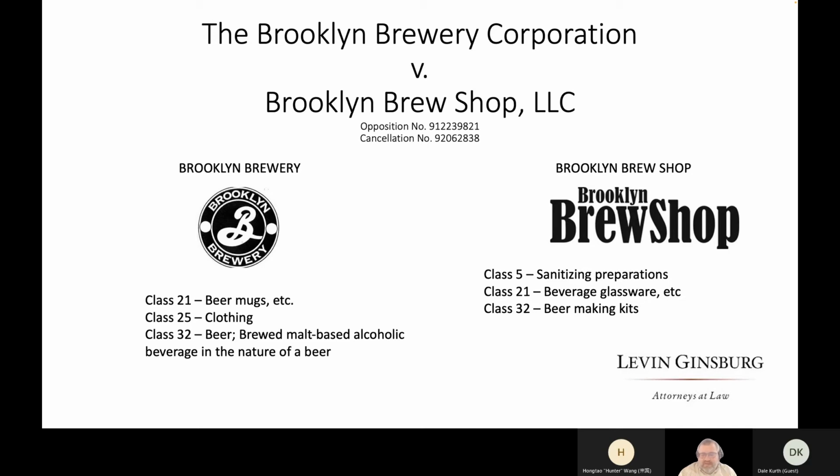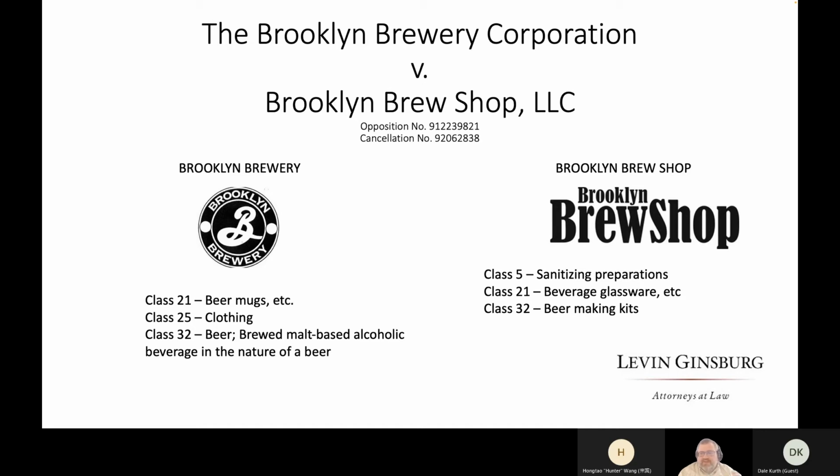And it was not found to be likely of confusion between the two because there was generally no overlap. Generally speaking, a brewery wouldn't necessarily automatically be selling sanitizing preparations. And then they were able to object to their application for the glassware.